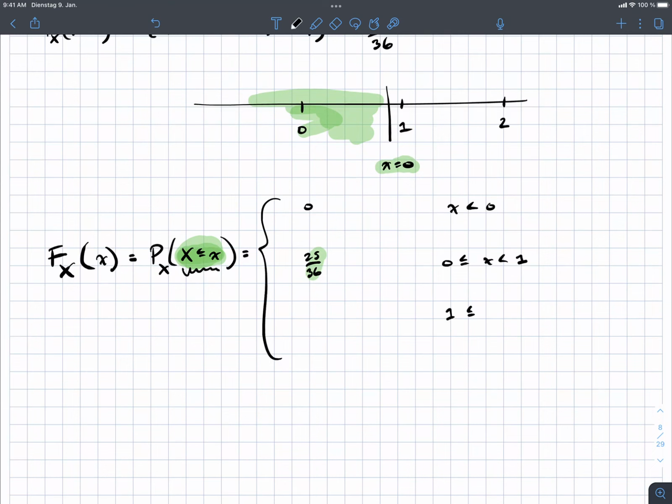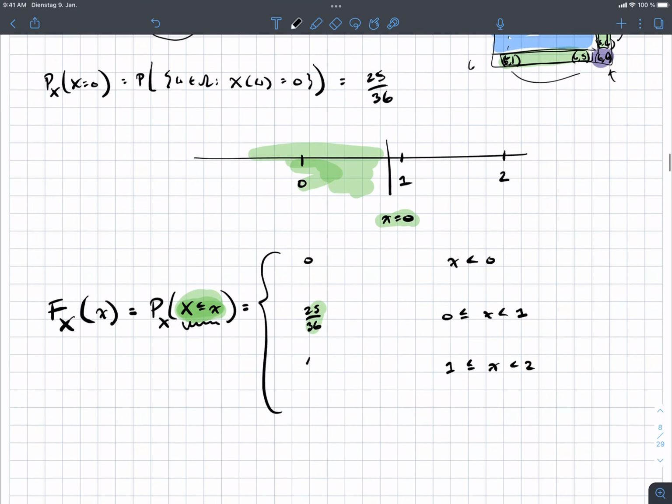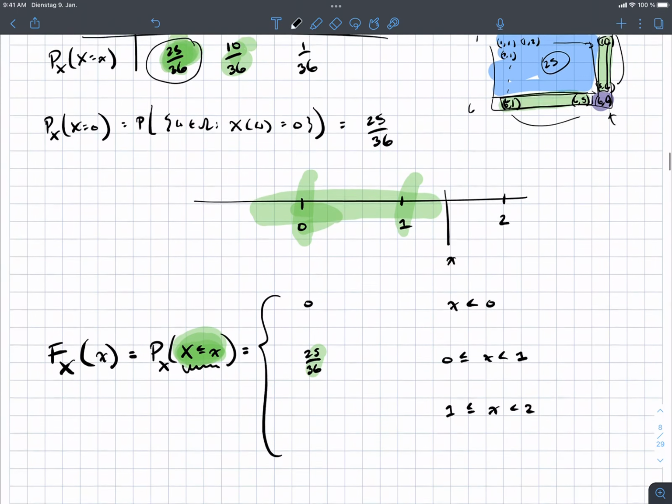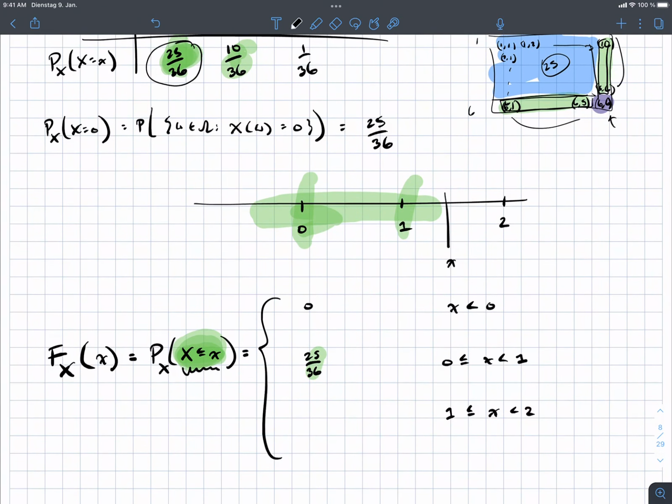But if x is equal to 1 up to 2 but not equal to 2, then the probability that my random variable is less than or equal to x is the sum of these two probabilities. X could be 0 or X could be 1. So that's going to be 35 over 36.